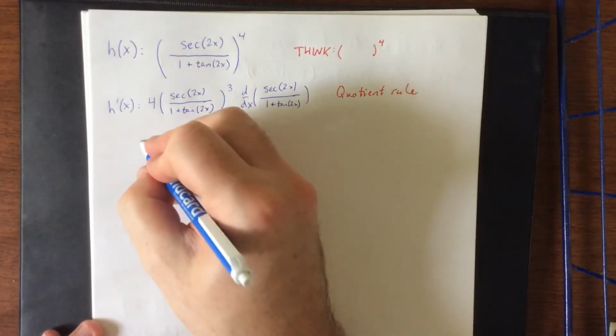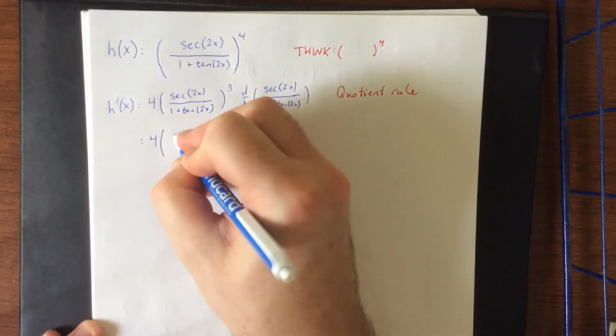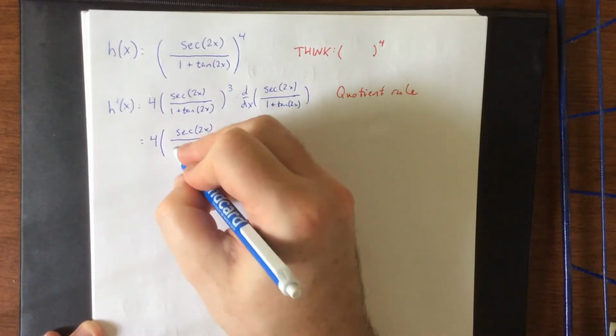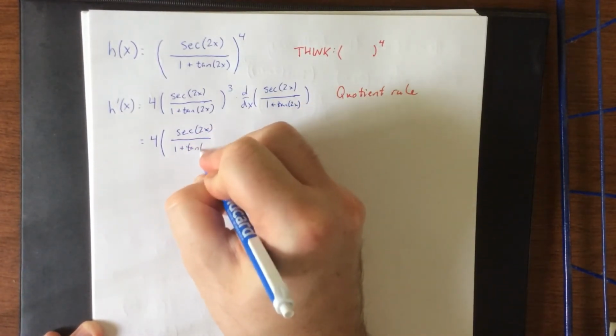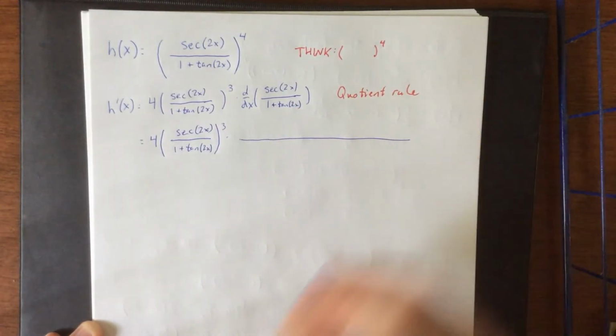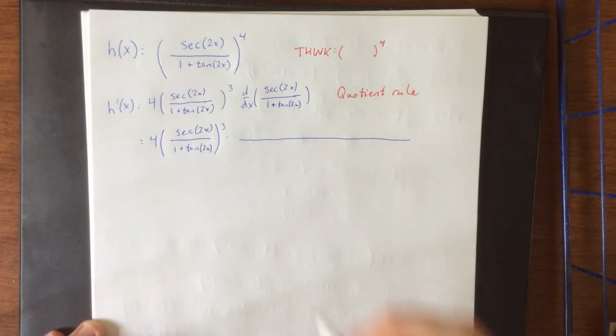So the first part is going to stay the same for the rest of the problem. So 4 times the secant of 2x divided by 1 plus the tangent of 2x raised to the 3rd power times. This is where we'll be making use of the quotient rule.